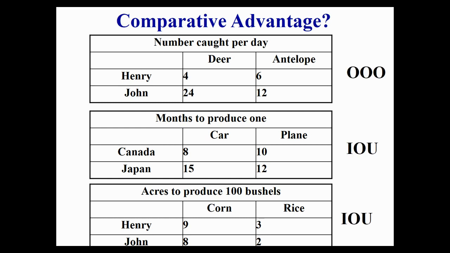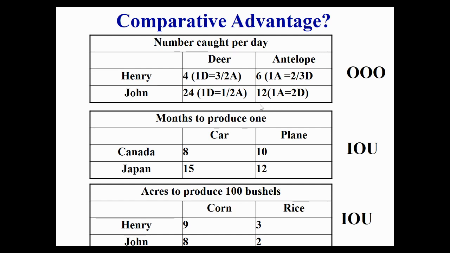So now we're going to calculate opportunity costs. We're using output, other over. If we calculated that, we would get 1 deer is equal to 2/3 of an antelope. 1 antelope would be 2/3 of a deer. For John here, 1 deer is 1/2 of an antelope. 1 antelope is equal to 2 deer.